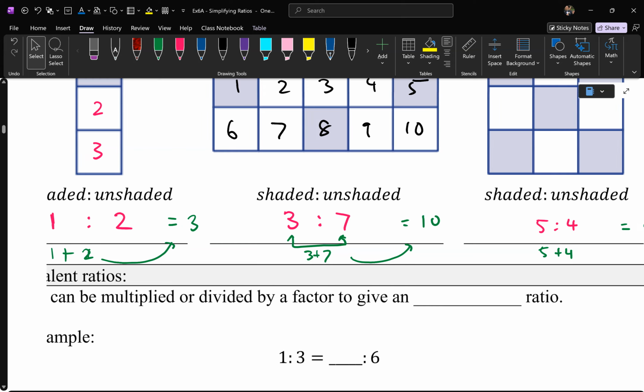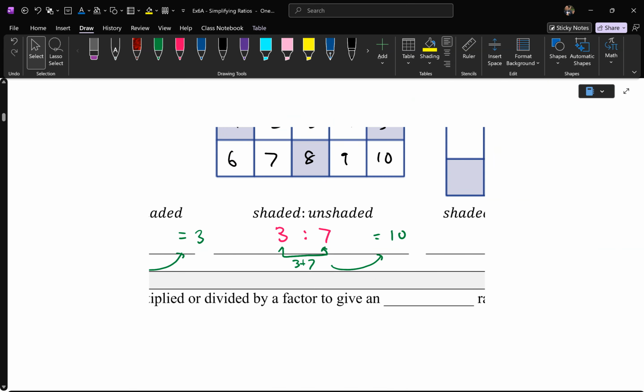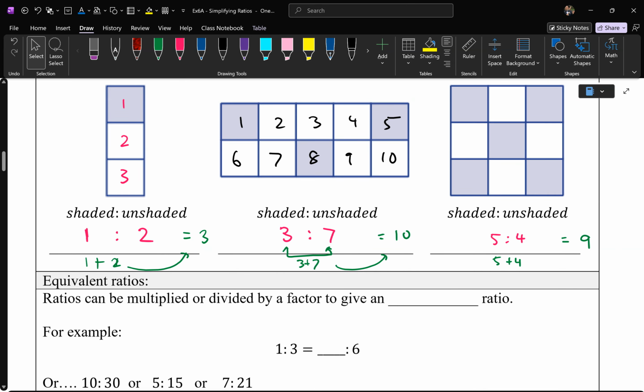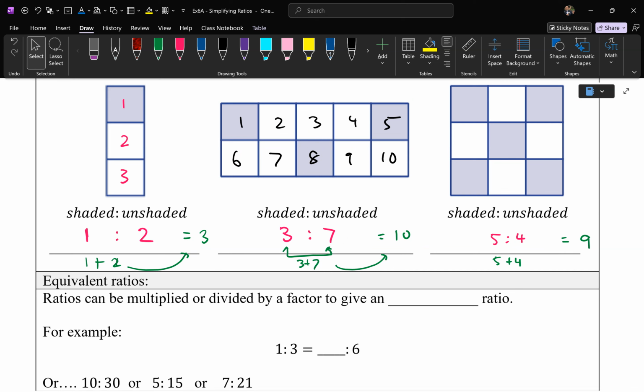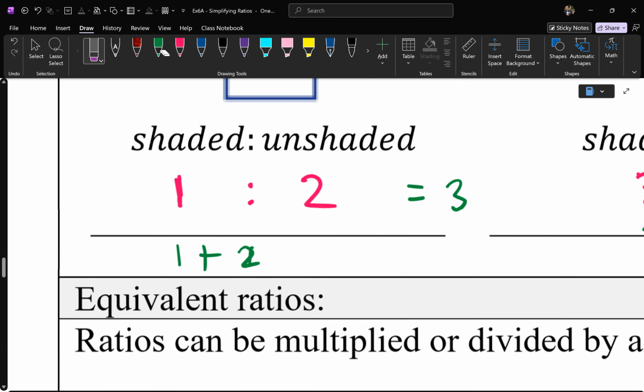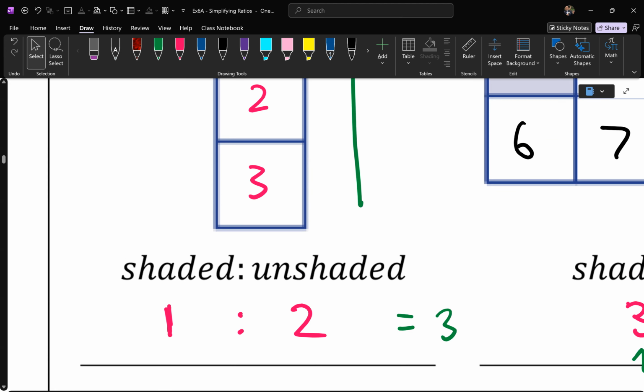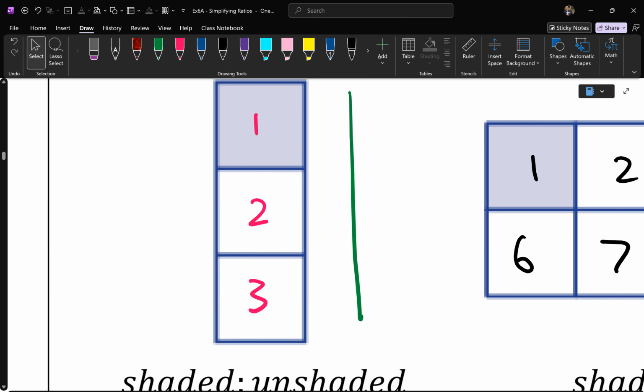Now, today's lesson, when you say these parts, part of it, there's an intuition as well. Since the total number of parts is 3 for the first one, 10 for the second example, and 9 for the third example, inherently, this is why ratios and fractions are linked. See, out of 3, you told me 1 is shaded.